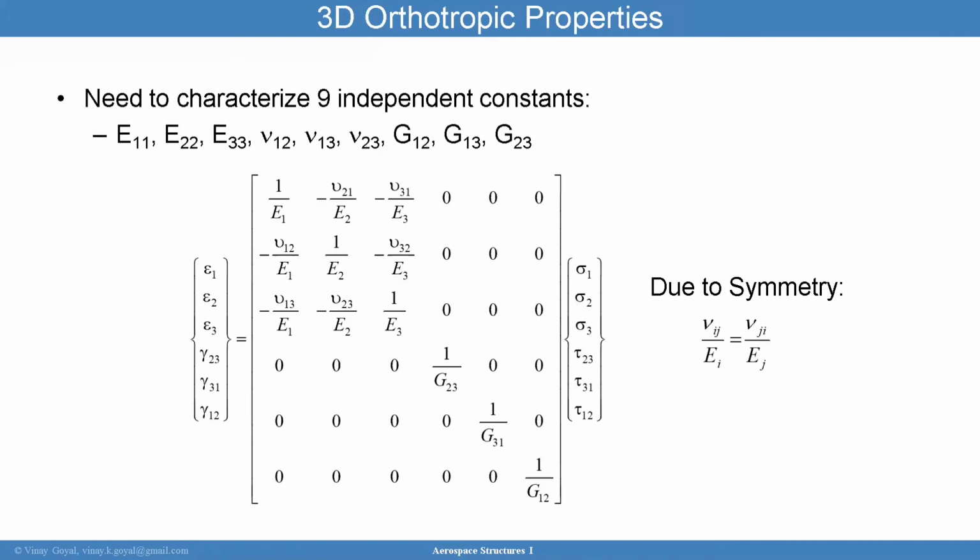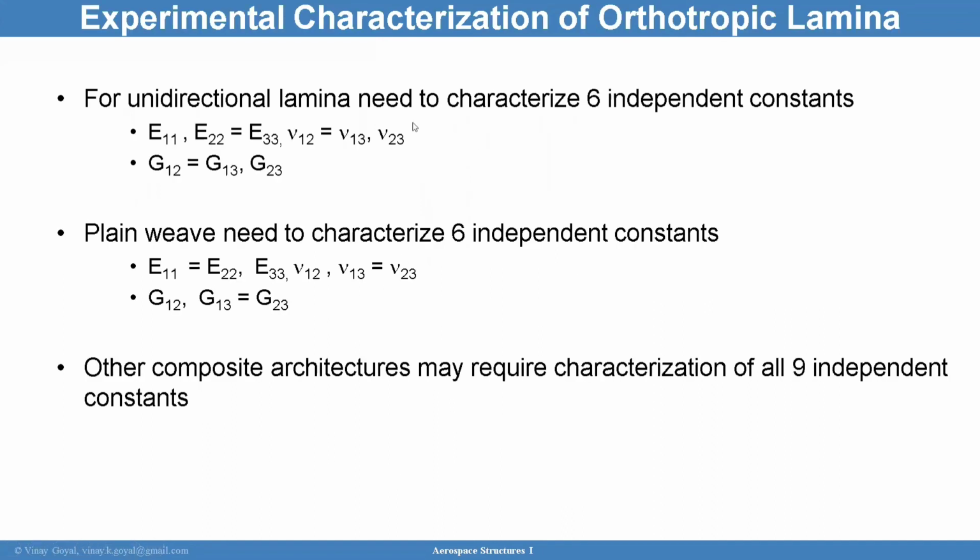Typically for composites, you want to characterize 9 independent constants: the modulus in each of these directions, the Poisson ratios, and the shear moduli. For a unidirectional lamina, you really just need to characterize 6 properties: the modulus and the modulus in the other 2 directions.